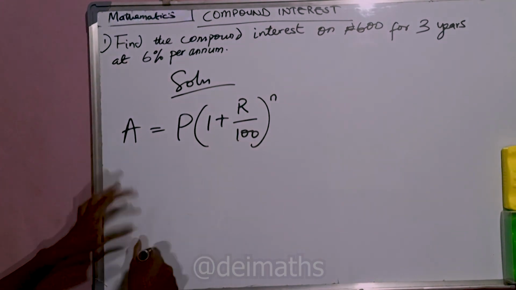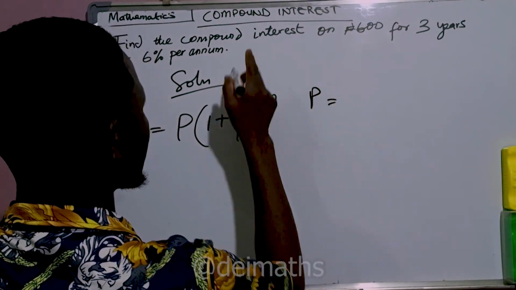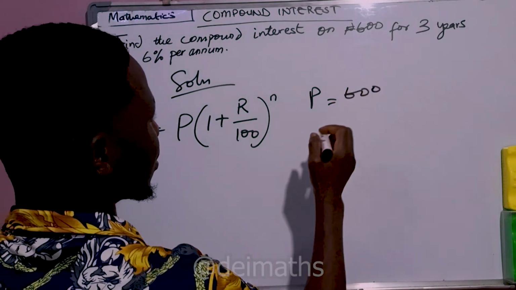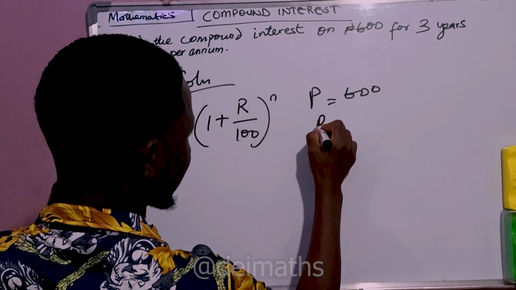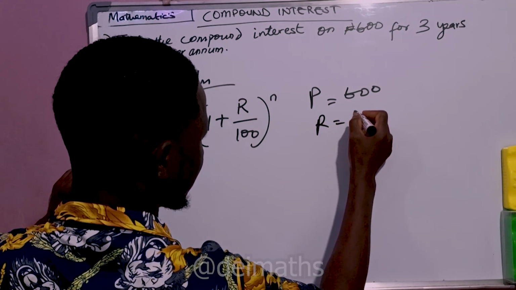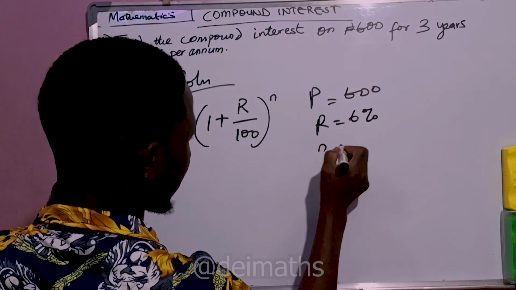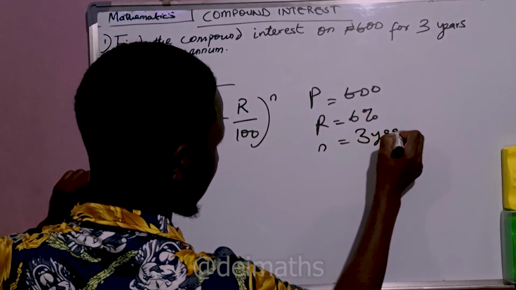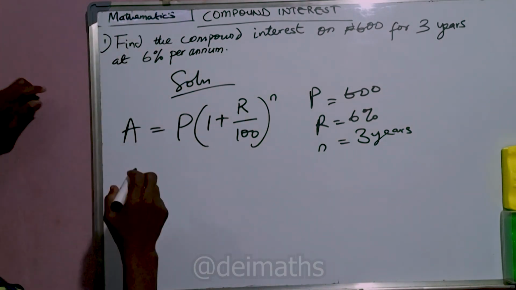Having seen this, we know that our principal P is equal to 600. Our rate is 6%. Then our n, the number of years, is equal to 3 years. Let's apply it to the formula.